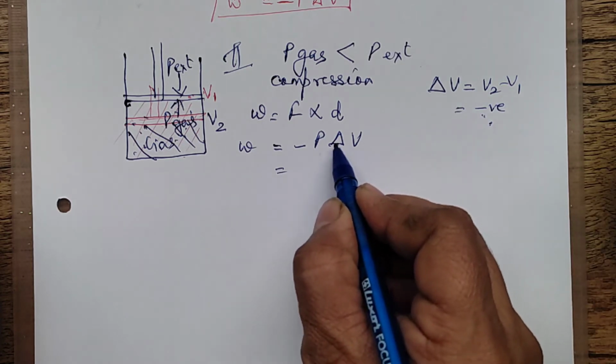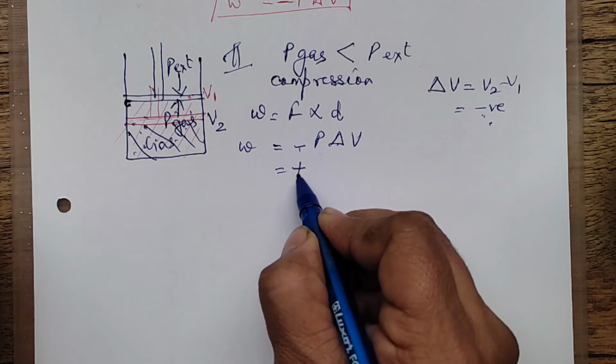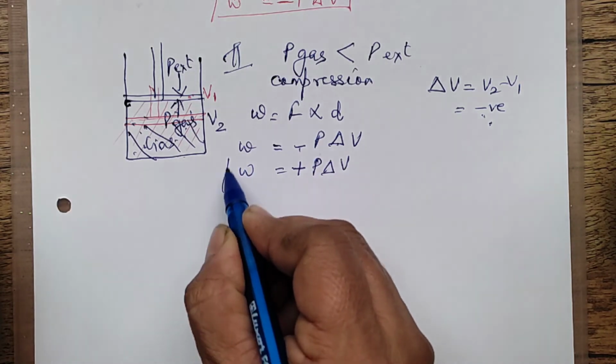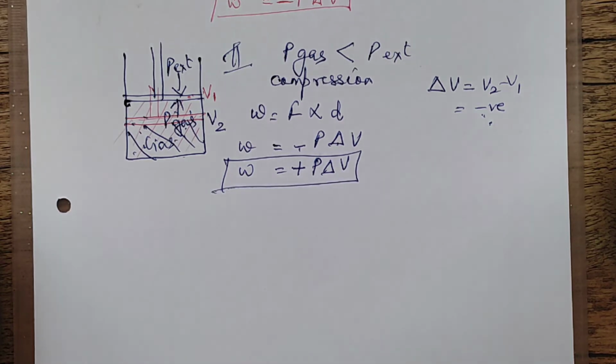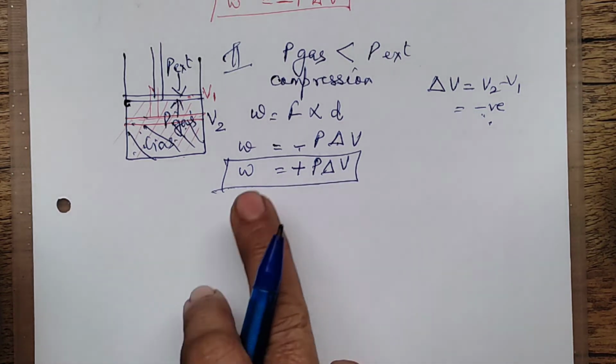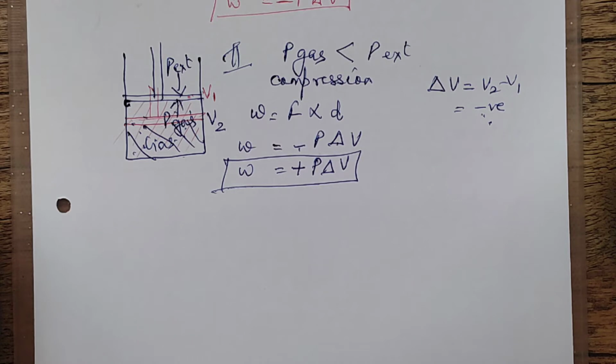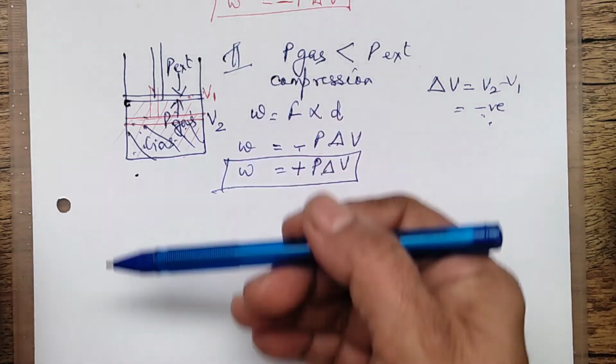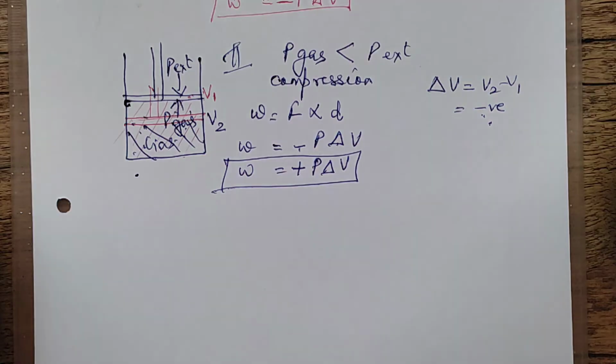This negative with another negative means overall you will have work done as positive. So the work done is equal to plus P delta V. In this case, the energy of the system will increase, because it is being pushed down.